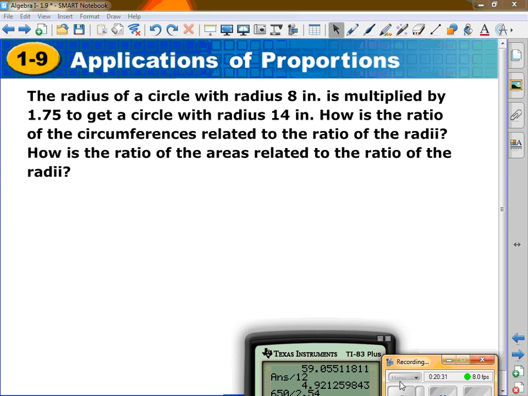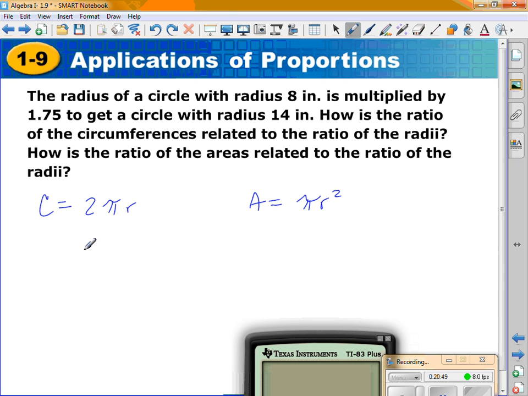Okay, circumference is, nope, not pi r squared. 2 pi r. Area is pi r squared.